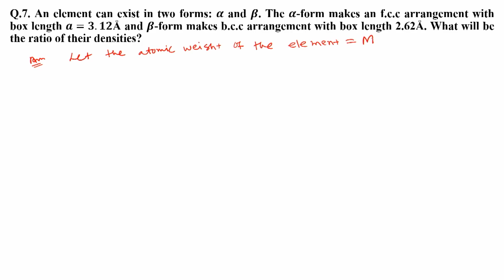Now density in alpha form, if we call it rho alpha, is m times Z by Na times a raised to the 3, right.